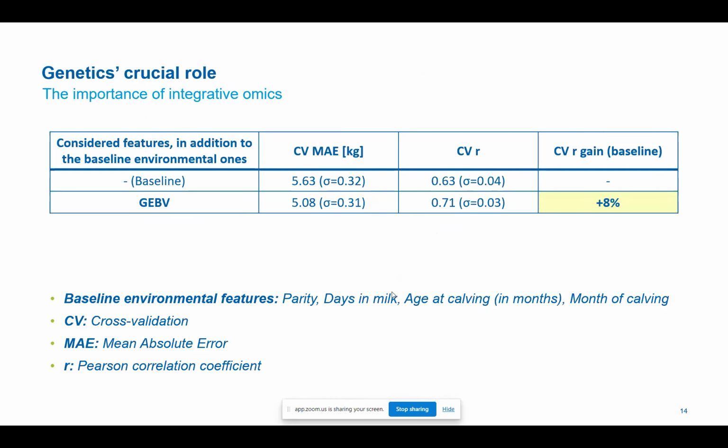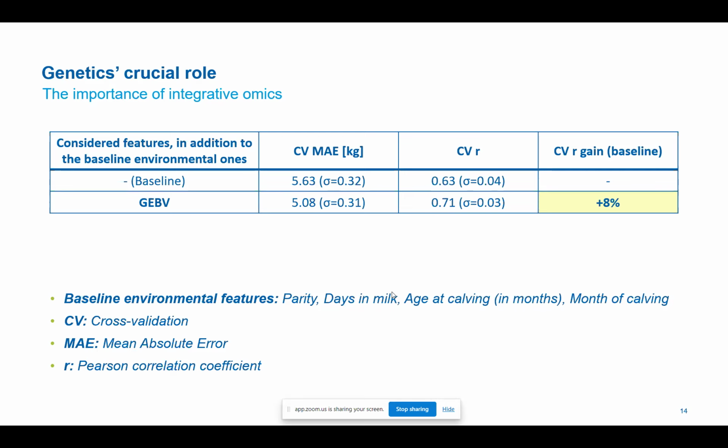Coming to the role of genetics, because we explicitly wanted to include genetics in the model, we explored what is the role of genetics in this setting, and we found out that genetics plays a crucial role. If we didn't include genetics in the model, we would have lost 8% of correlation in the test set.